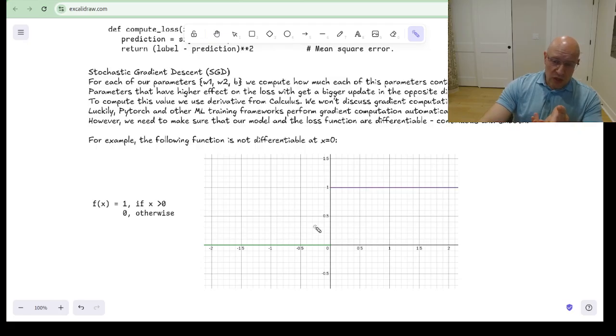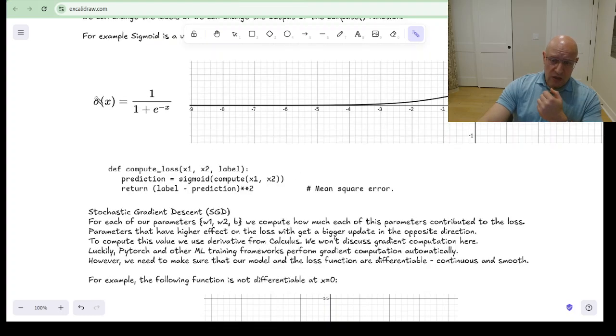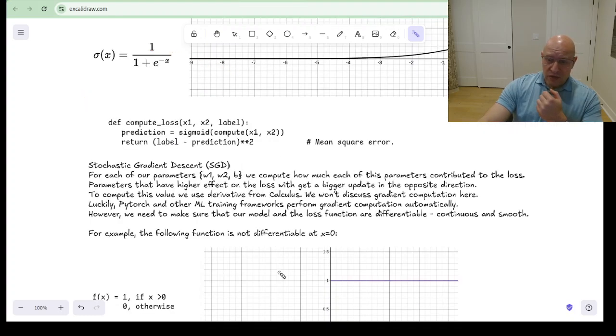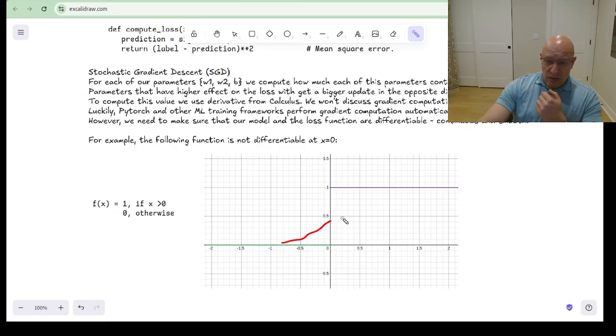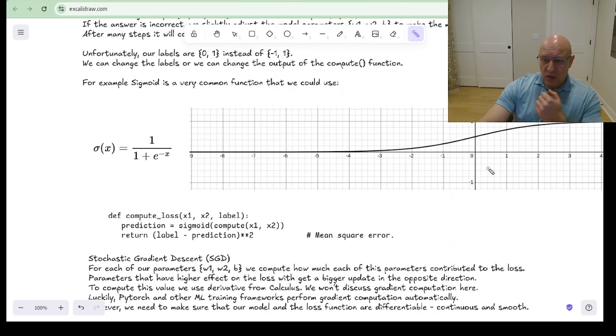You wouldn't be able to use that as a loss function, because it cannot be differentiated at 0, because there is this sudden jump. Sigmoid is quite similar to it, but it has this smooth transition, right? Here we see the smooth transition. That's why we use sigmoid, because you can differentiate it everywhere.